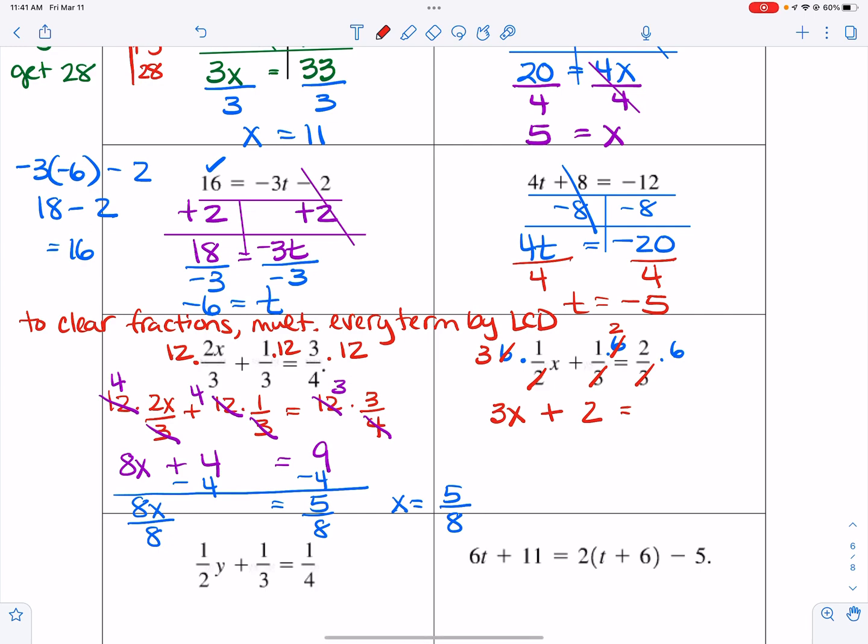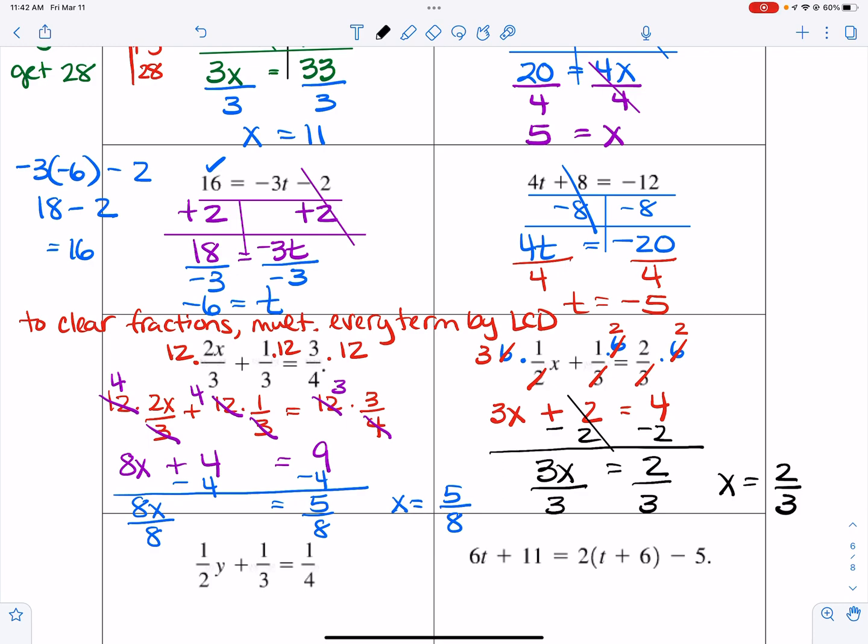And 3 goes into 6 and leaves 2. And 2 times 2 is 4. And now I can subtract 2 so that I get 3x is equal to 2. And then I divide by 3. And x is equal to 2/3.